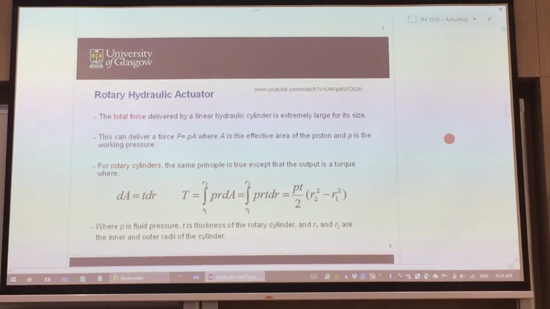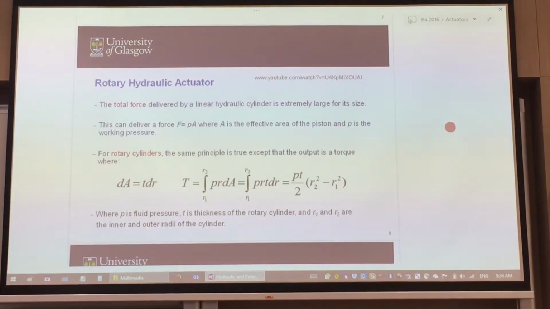I have this video clip. A hydraulic actuator is not just a linear type. There are also rotary types.